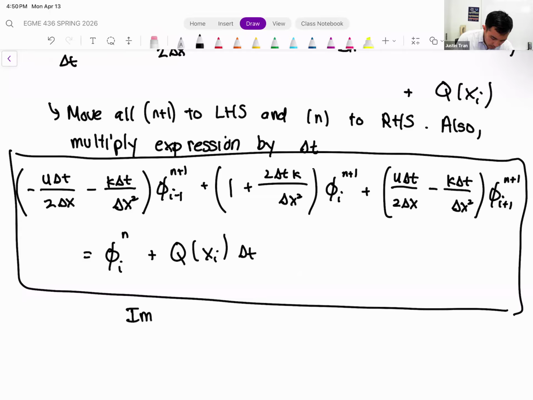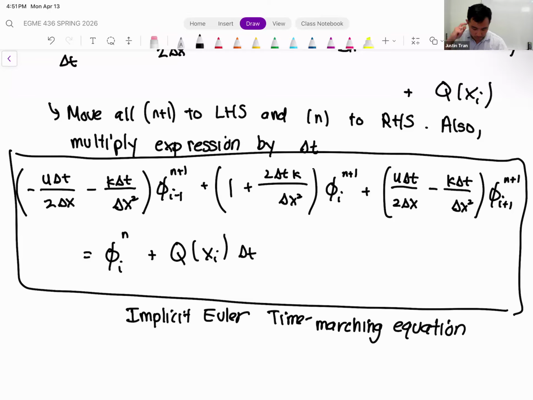So this right here is our implicit Euler time marching equation. Any questions on how we got this result from the derivation?